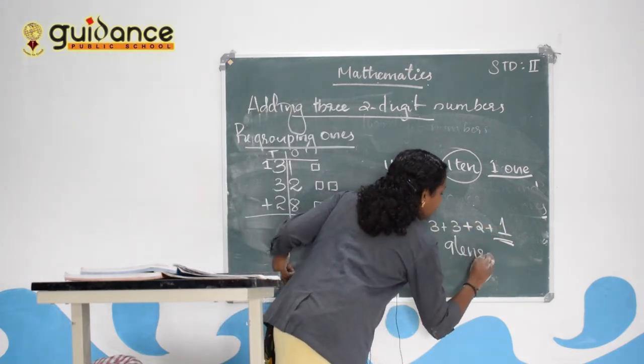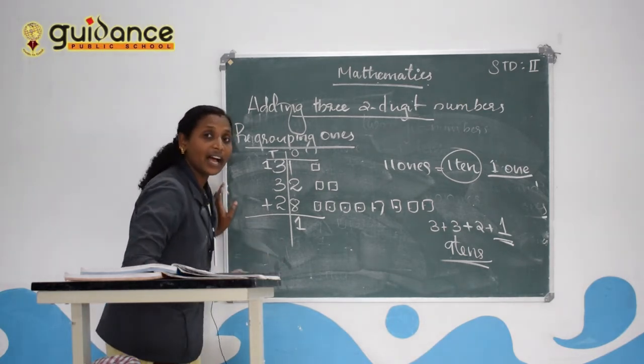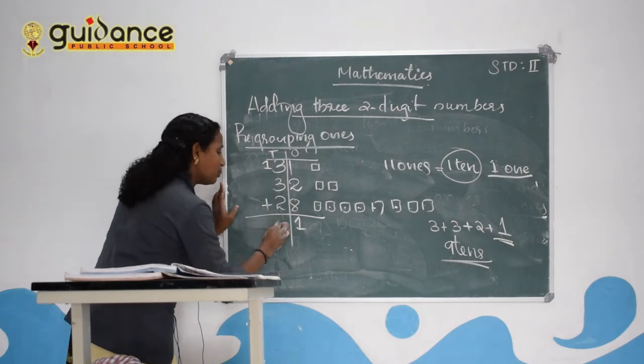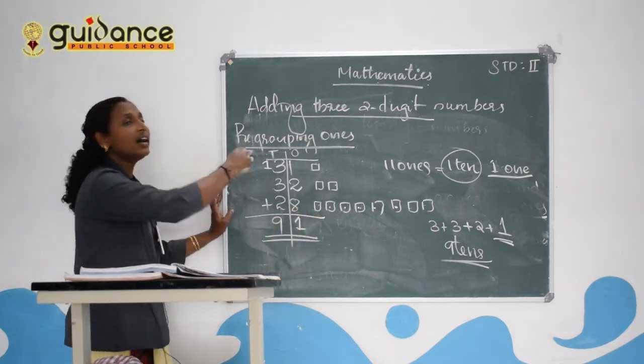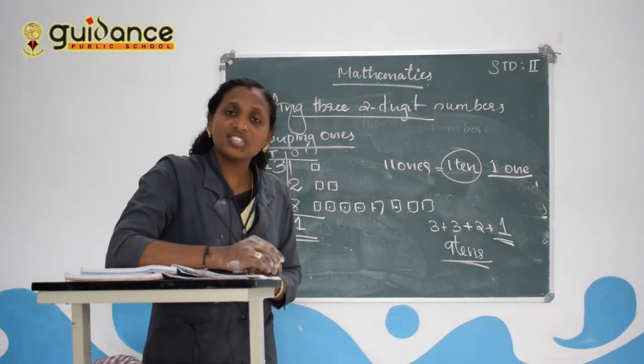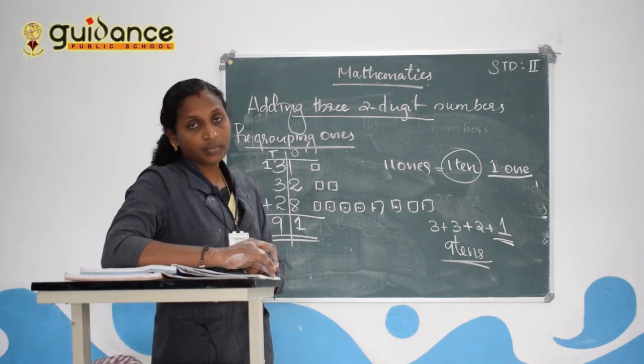That means 9 tens. That 9 can be written in the tens place. So what is the answer? 91. Okay. That means write 9 in the tens place.